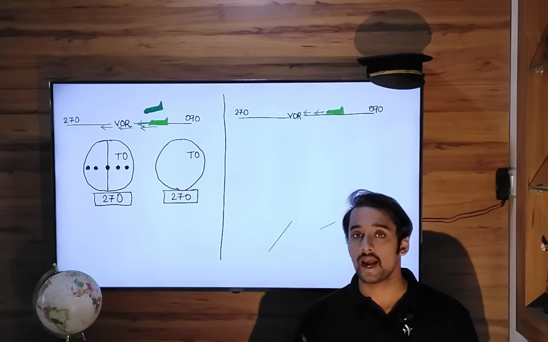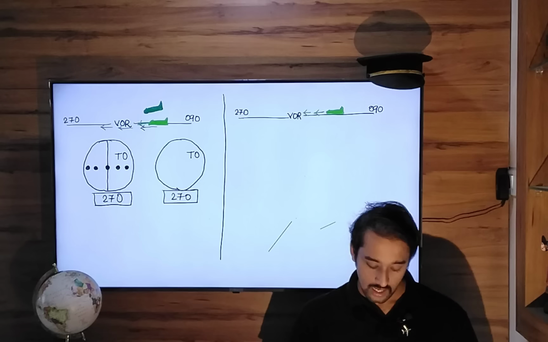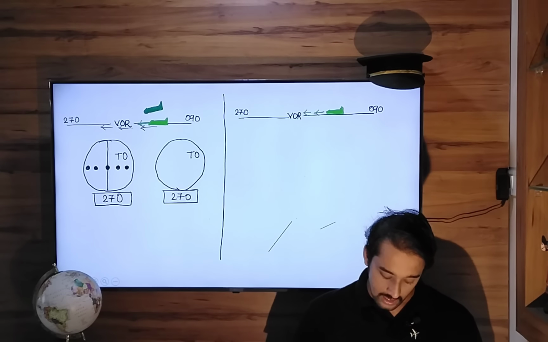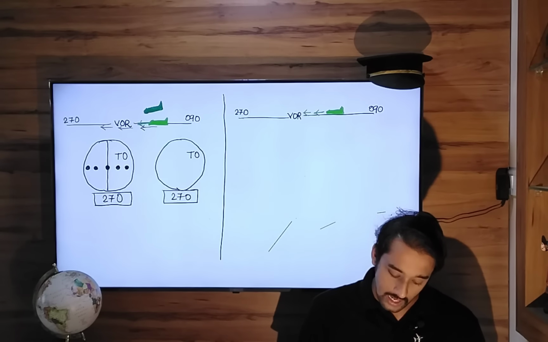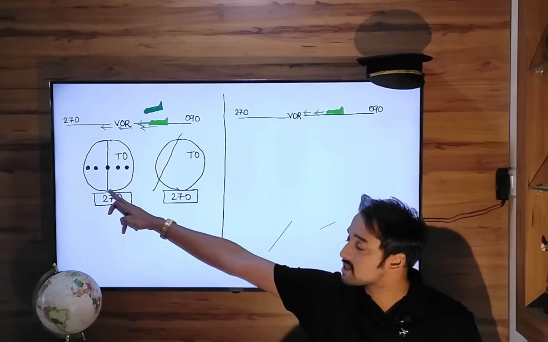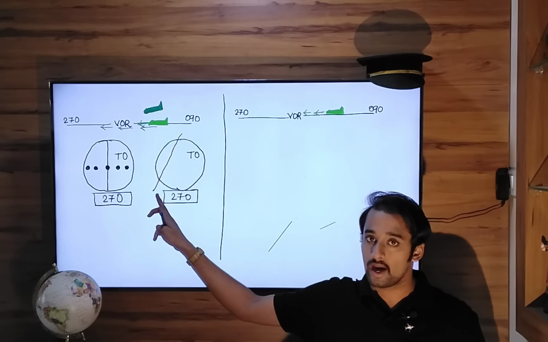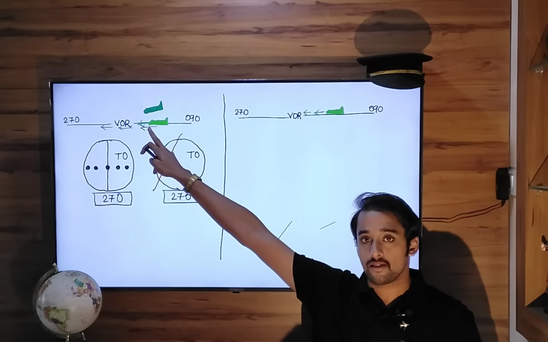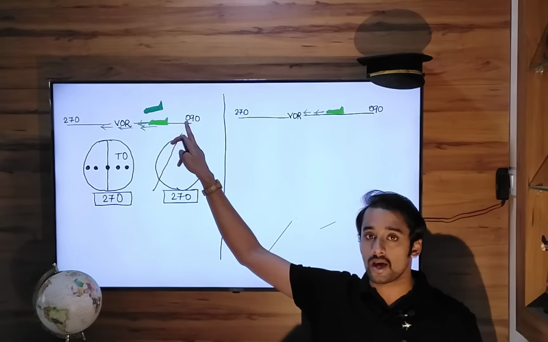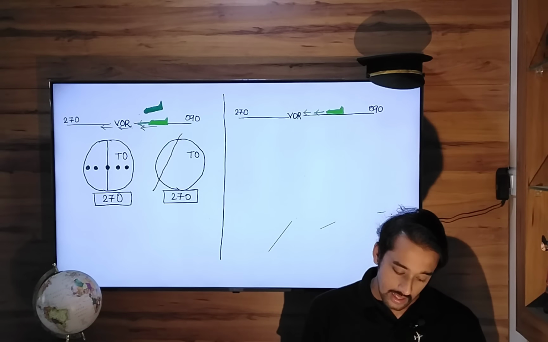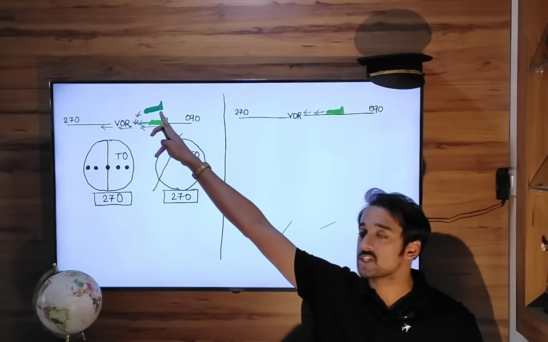But if we get drifted to the right hand side, the CDI needle will move to the left hand side. Instead of staying in the center, the CDI needle will automatically move to the left. Why? Because our track, which is radial 270, reciprocal of 090, is to the left hand side of our current position.